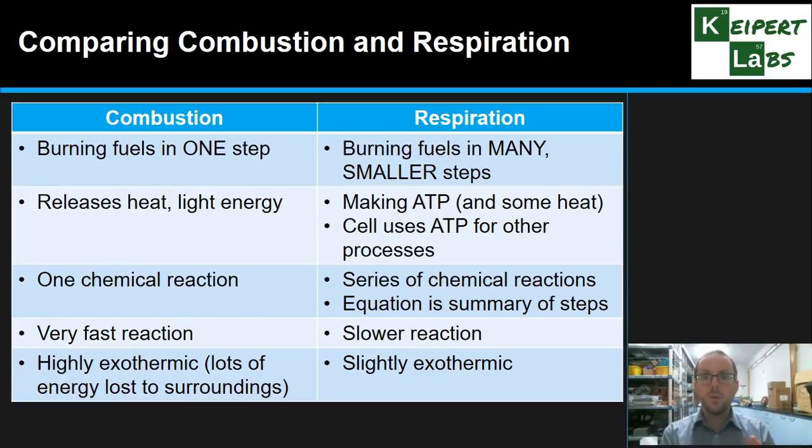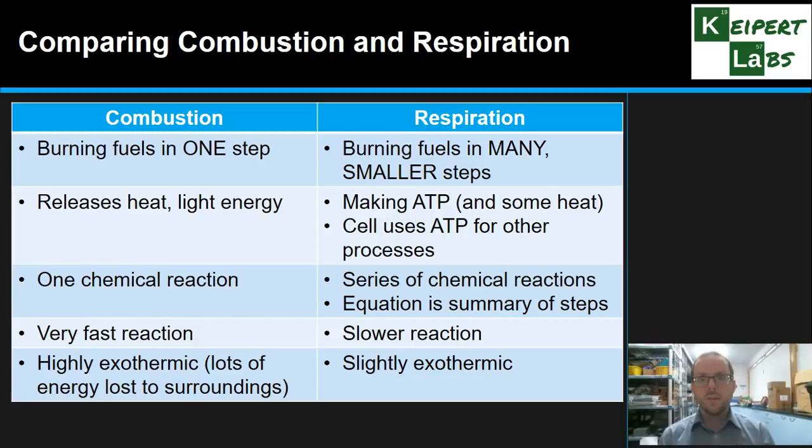So the goal of these reactions is different. Combustion is one chemical reaction, one step, one process, whereas respiration is a series of them. And when we write that equation for respiration, it's actually summarizing the whole process, a combination of all these little micro steps. Combustion is a very fast reaction. It proceeds very quickly and it's very spontaneous, whereas respiration is slower.